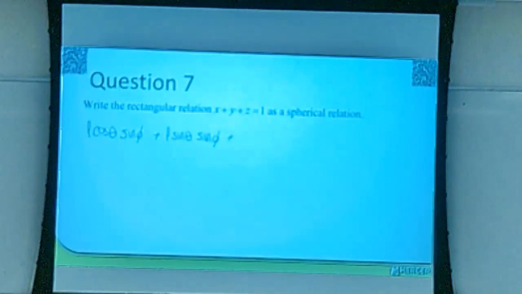Rho cosine phi. Can that be simplified? Yes. How? Factoring out rho. Can that be simplified any further?